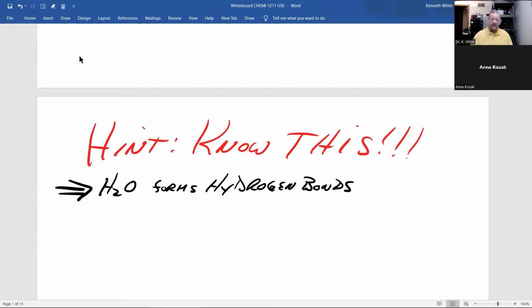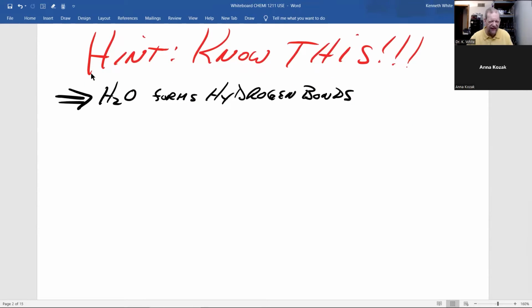Water forms hydrogen bonds between itself. And if we look at, and I'll use a line to show the pairs of electrons, here I have 2 water molecules. Remember, there's a slight charge separation.